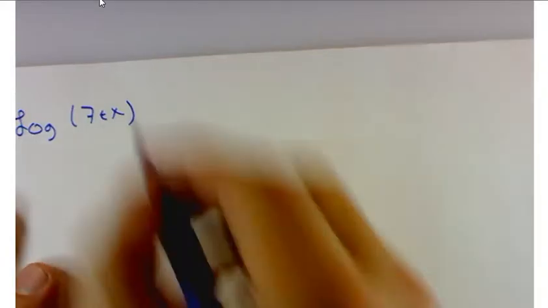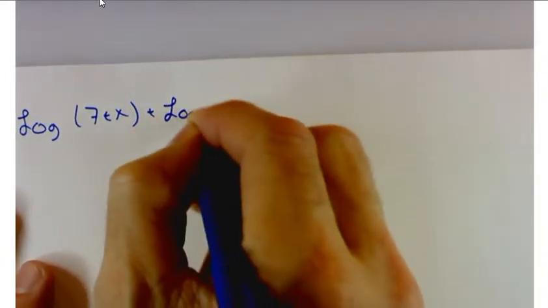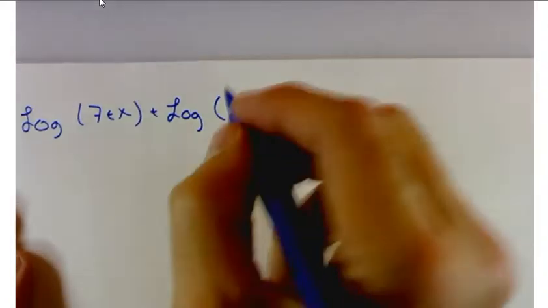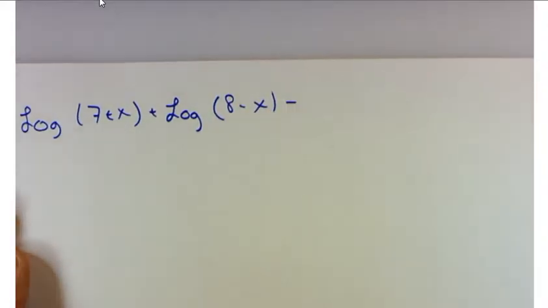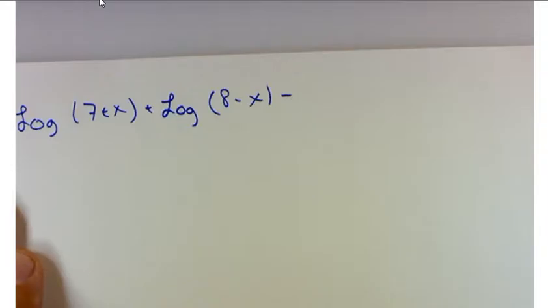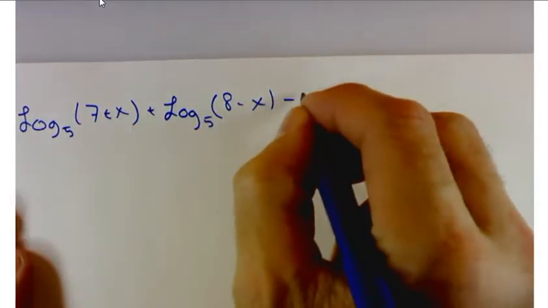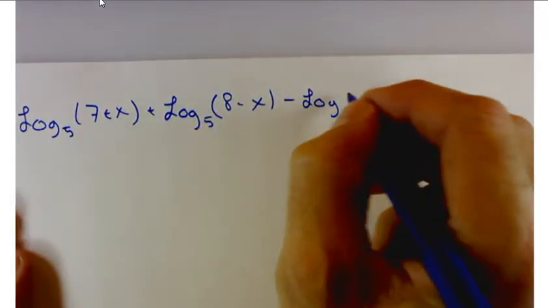So log of 7 plus x plus the log of 8 minus x minus the log of 2 equals 2. These are all base 5, right?